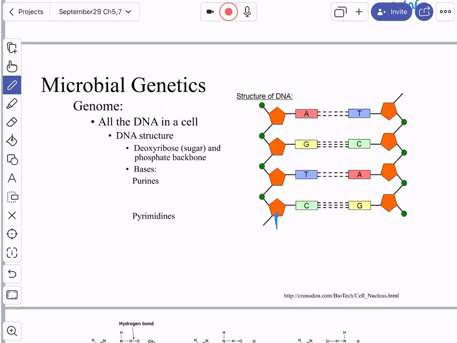And the 4 nitrogenous bases that we find in DNA: adenine and guanine are purine bases, and the pyrimidines are thymine and cytosine. So, nitrogen-rich bases.